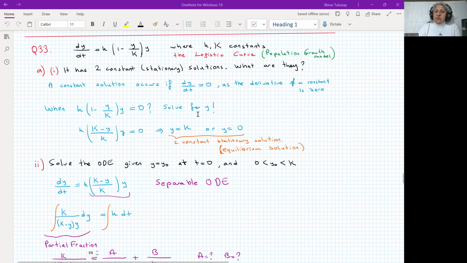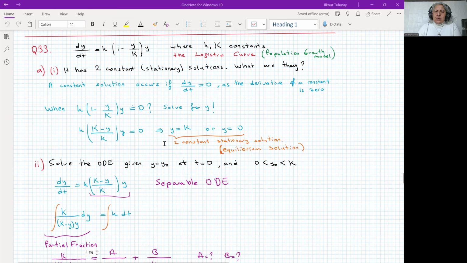But we want to find y, because y is a function of t, of time. It is the function representing the population growth in the process we are dealing with. As I said, with this equal to 0, either this factor is 0 or y is 0.